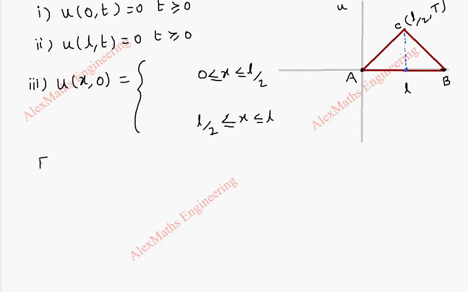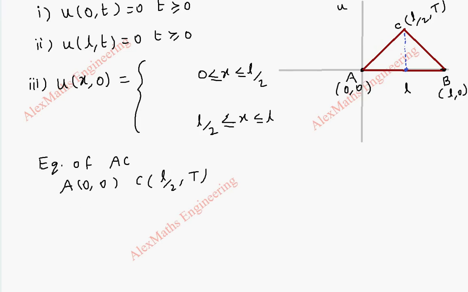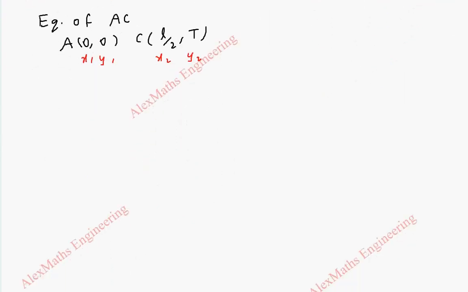So equation of AC, A is actually 0 comma 0 and B is L comma 0. So equation of AC, we have A as 0 comma 0 and C as L by 2 comma T. So for reference, I take this as x1 y1 and this as x2 y2. So we are going to use a 2-point formula. y minus y1 by y2 minus y1 equal to x minus x1 by x2 minus x1.